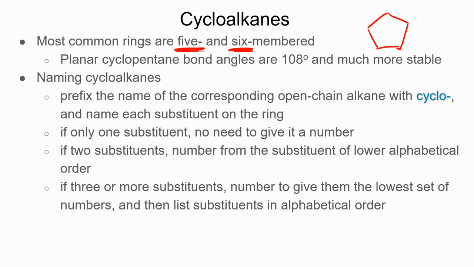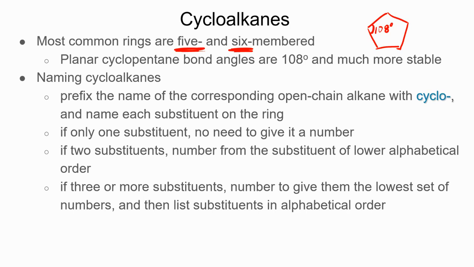But that planar cyclopentane has bond angles of 108. And so that 108-degree bond angle is vastly improved over cyclopropane and cyclobutane's 60 and 90-degree bond angles respectively. So that 108 is much more stable. We'll look at that more in just a second.